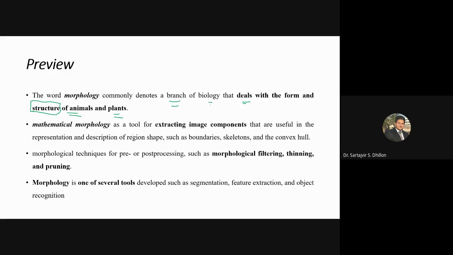It is defined as a tool used to extract image components that are useful in the representation and description of region shape, such as boundaries and, more specifically, the skeleton, which I will cover later, what the term skeleton is used for, and the convex hull that we will discuss in this chapter.